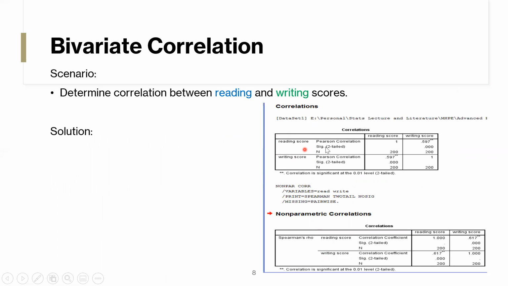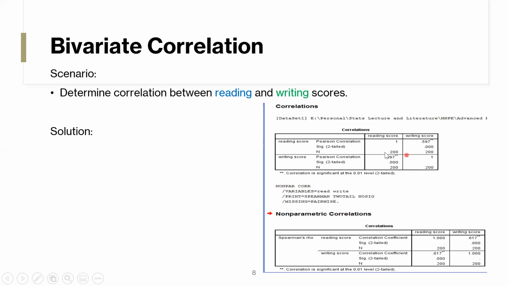One is for the Pearson correlation, another one is for the Spearman correlation, and by default SPSS shows four cells. One is the correlation of reading score with reading score. Another is reading score with writing score, then again a duplication, writing score with reading score, and writing score with itself.